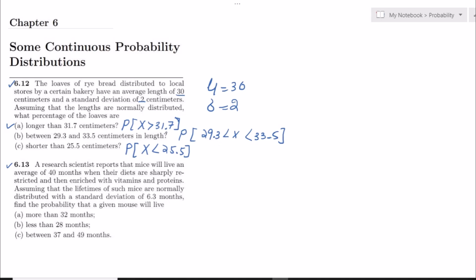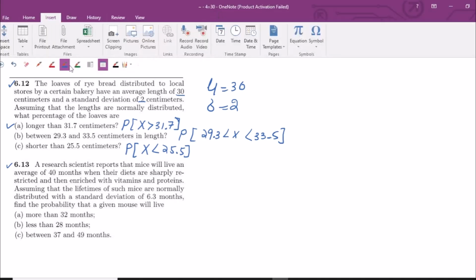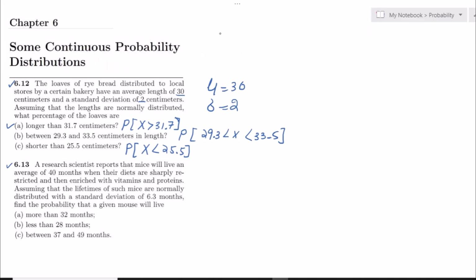So what to do here? Because these are the values of X, first of all we have to convert them into Z, and then use the Z distribution table to find the values and write them here. Let me first write the formula for Z. Z is equal to X minus mu divided by sigma.